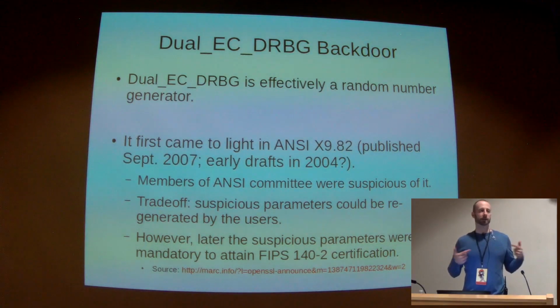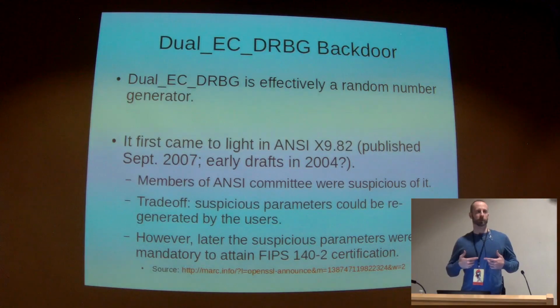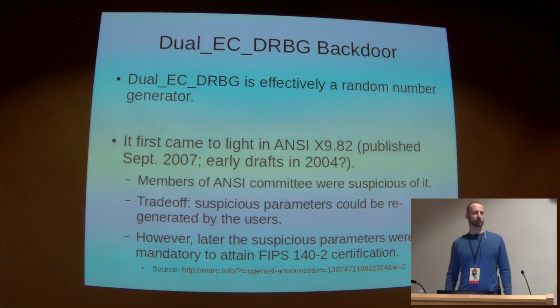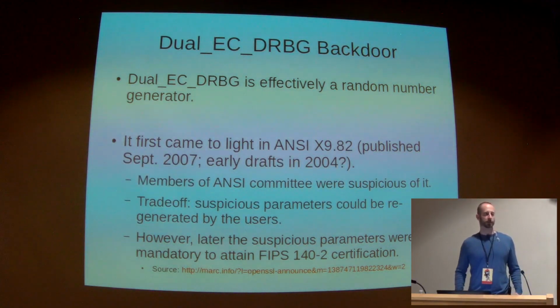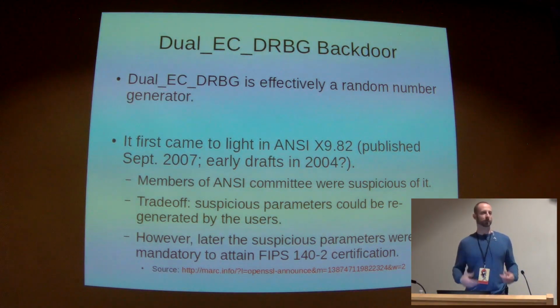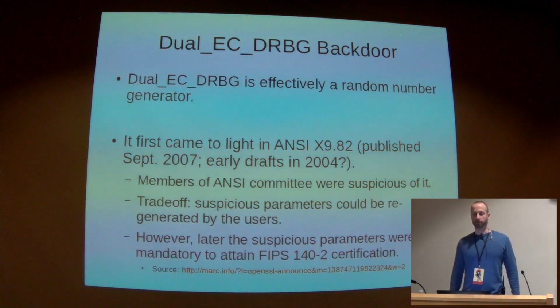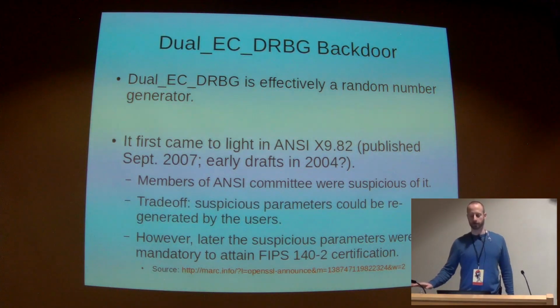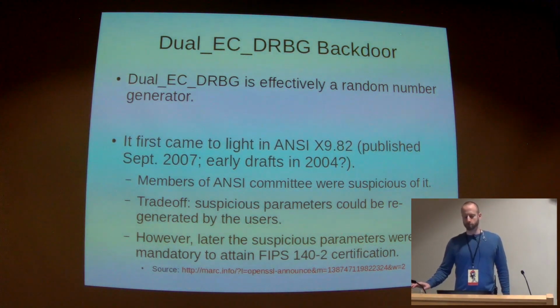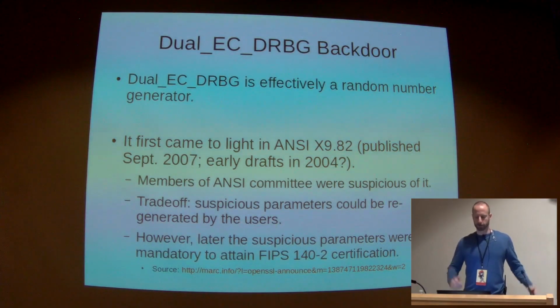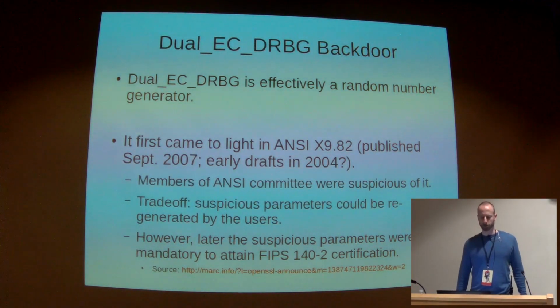And if there was a known relation between these two parameters, you'd be able to predict all future output. You'd need some small sample of the random number generator, and then you can exploit it by knowing the relation between two of these parameters, and boom, you now have all the output. It's a fatal flaw for any kind of cryptographic random number generator. So right off the bat, the ANSI committee was very suspicious of it.